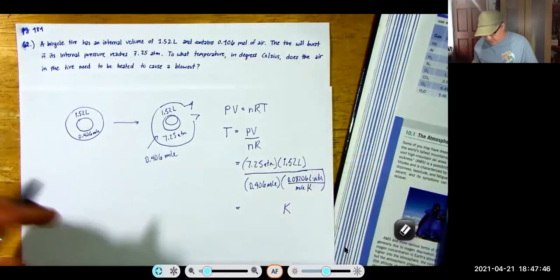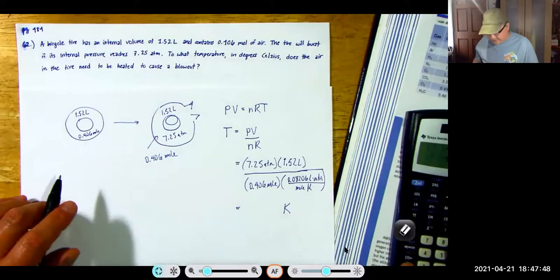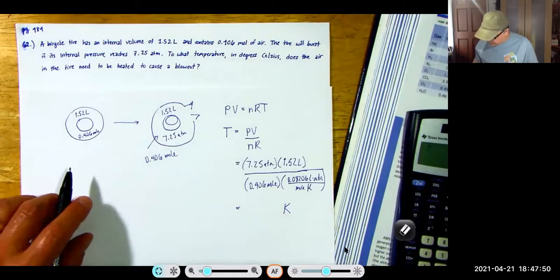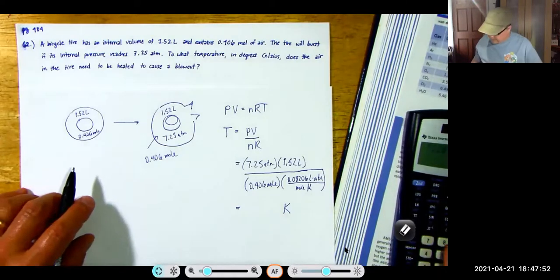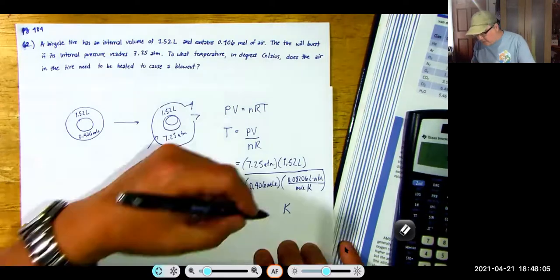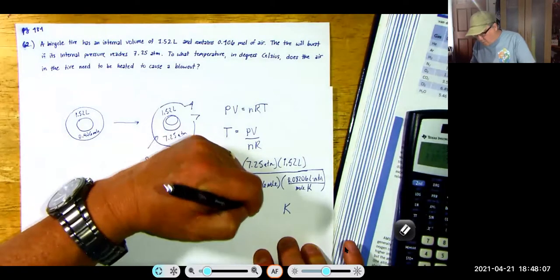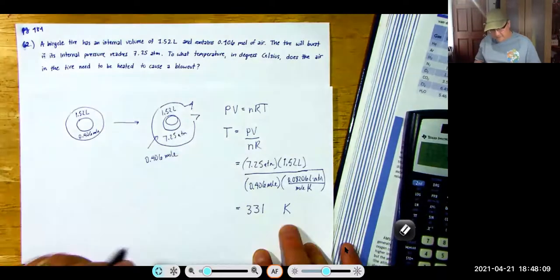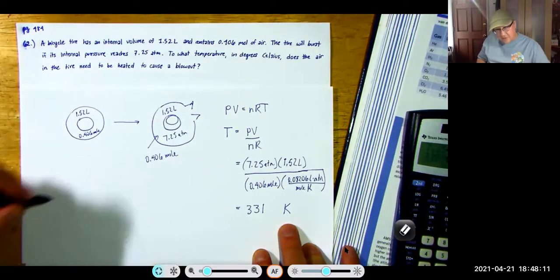So this should be around 300 K if I did my estimate correctly. Okay, and I actually get 331 K. So what is the temperature in degrees Celsius?